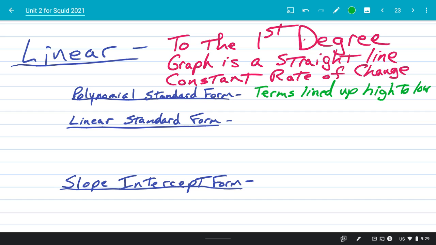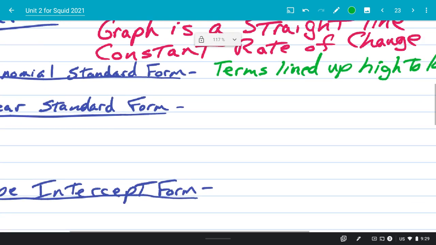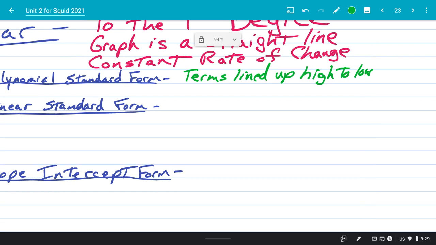What I mean is, if I had 5x to the fourth minus 3x cubed plus 7x squared plus x minus 5, my exponents will be high to low.